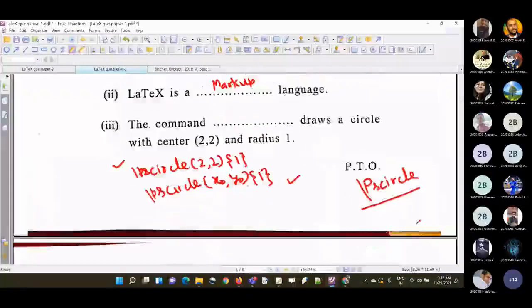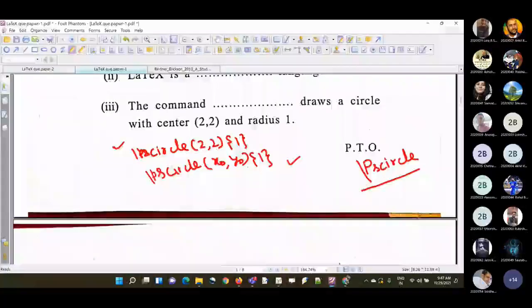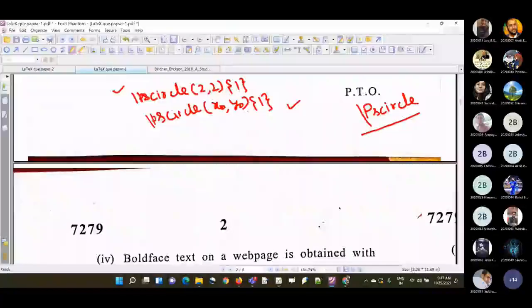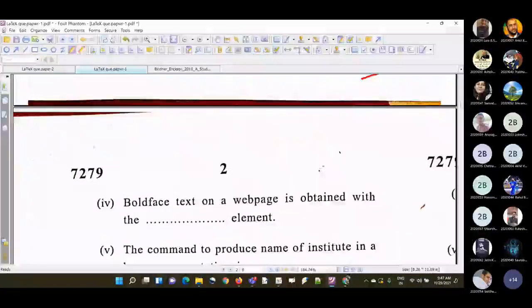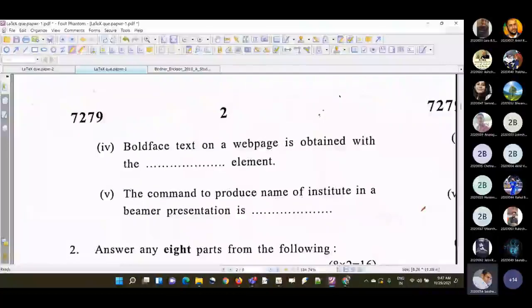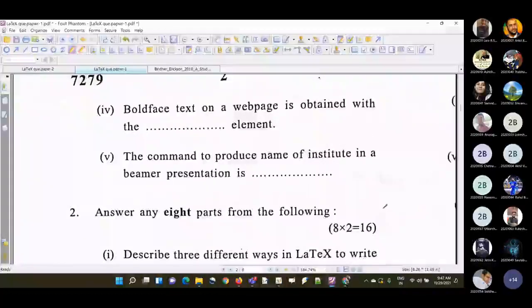And then you have: a boldface text on a web page is obtained with the element. They are talking about HTML. B, strong. Yes, strong is there, and B is there.